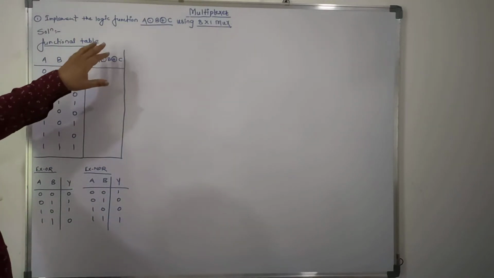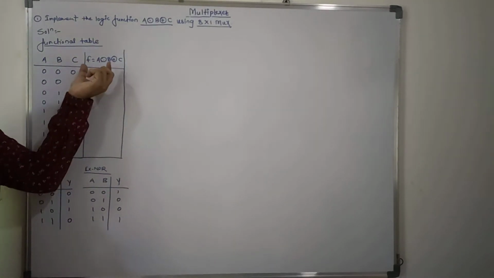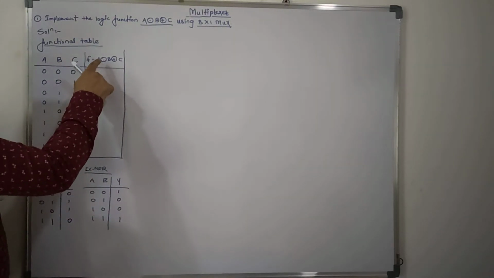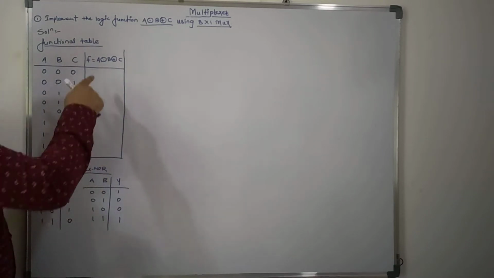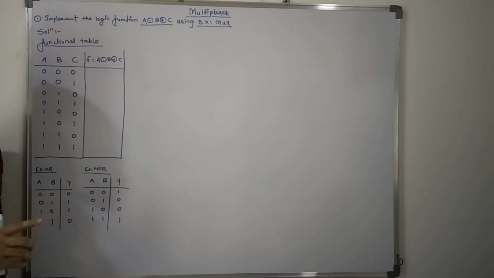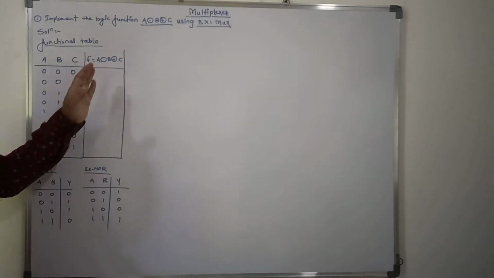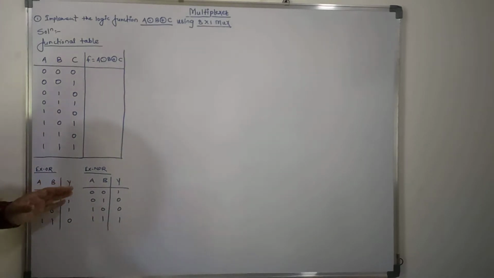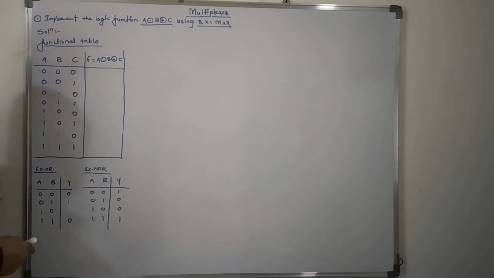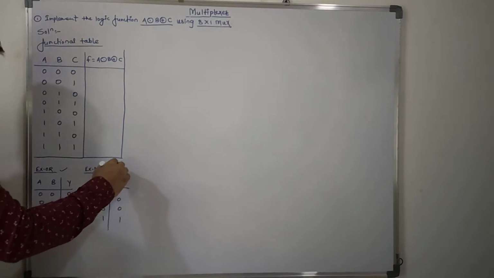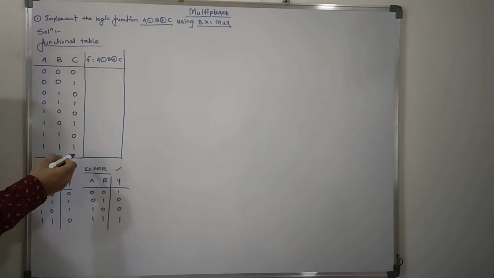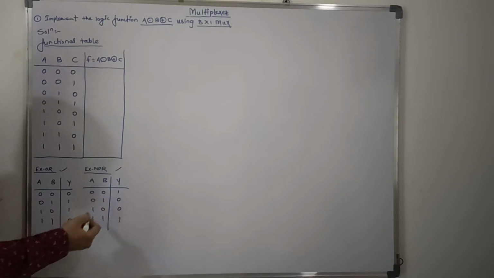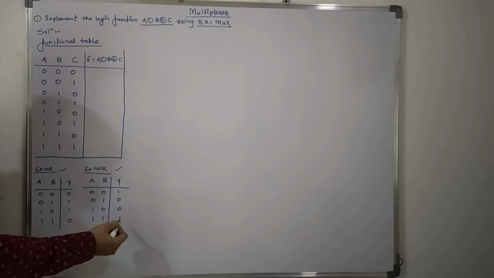Next, as the output, we have to find the value of the function F equals A XNOR B XOR C. First you should know the truth table of the XNOR and XOR gates, so for your reference I am showing them here. For the XNOR gate, 0 0 is 1, 0 1 is 0, 1 0 is 0, 1 1 is 1, as all of you know.